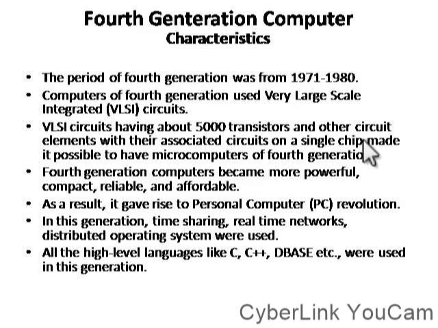So you can imagine that on a single chip they include 5000 transistors and other circuit elements. So obviously the size of these computers became more compact, because every possible thing we can think of is now in a single chip.